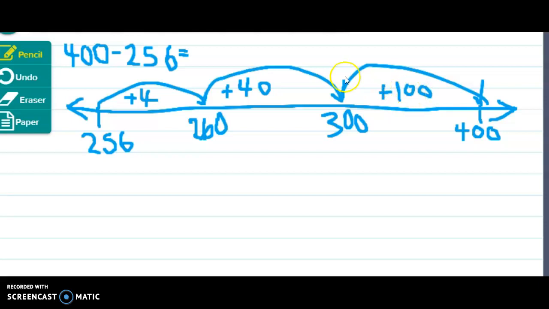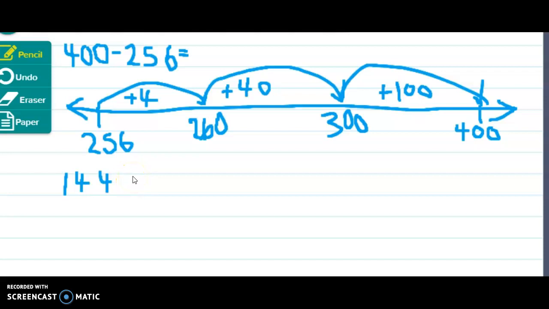I have 144. So I'm going to write right here 144, because I know that 100 plus 40 equals 140, plus 4 more equals 144.